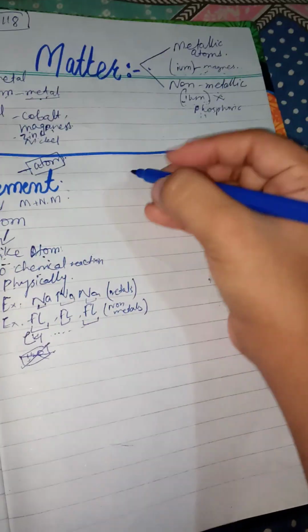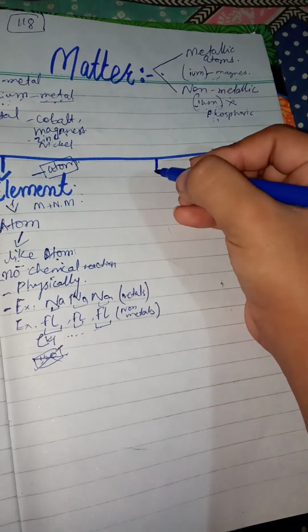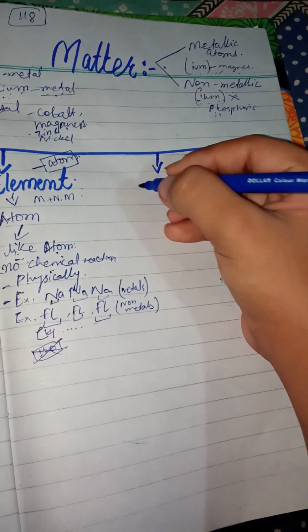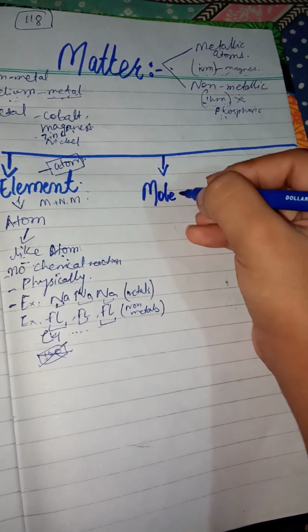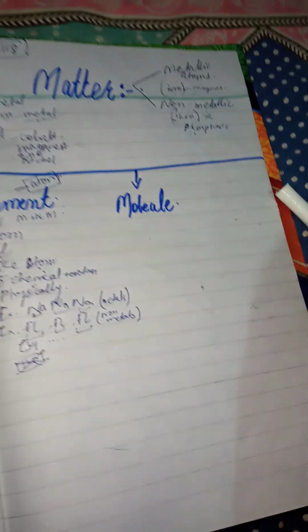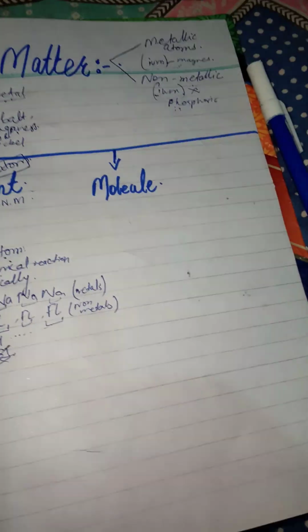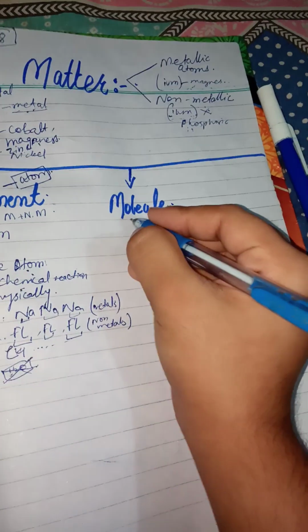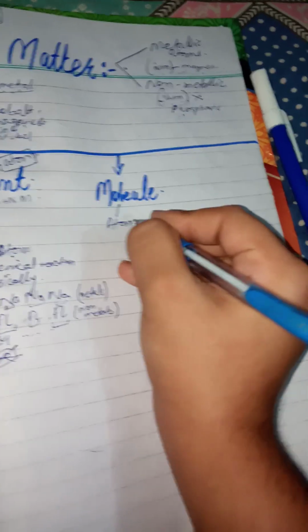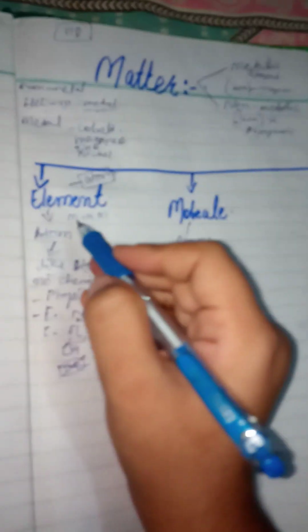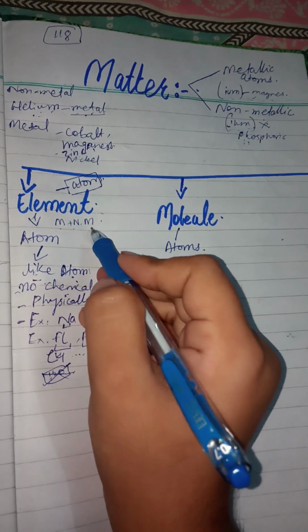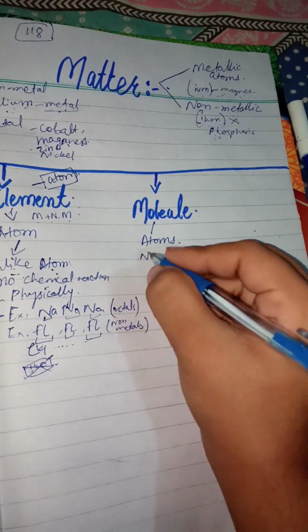Now we move further to another, which is molecule. So what is a molecule? Molecules are formed from atoms as well. Here with elements it was metal plus non-metal, but here these both would be non-metal.